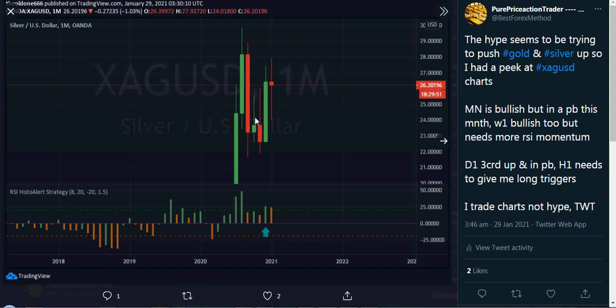So it's clearly used these 2 resistance levels here, candlestick highs, and it's using them as support. The sellers have been overpowered by the buyers on this monthly chart, so that has got significance, looking very bullish. Plus we had the RSI histo break, bust, pullback, break and close.